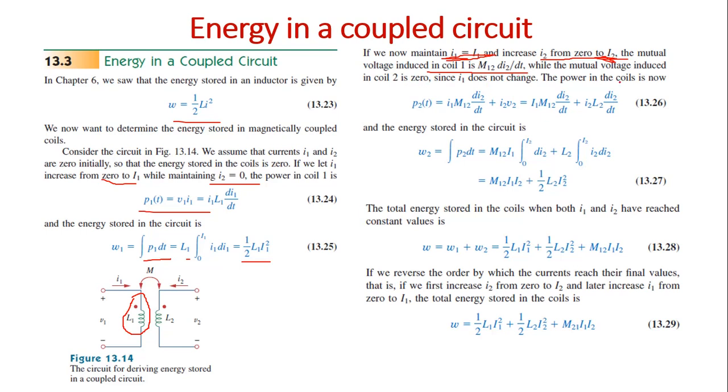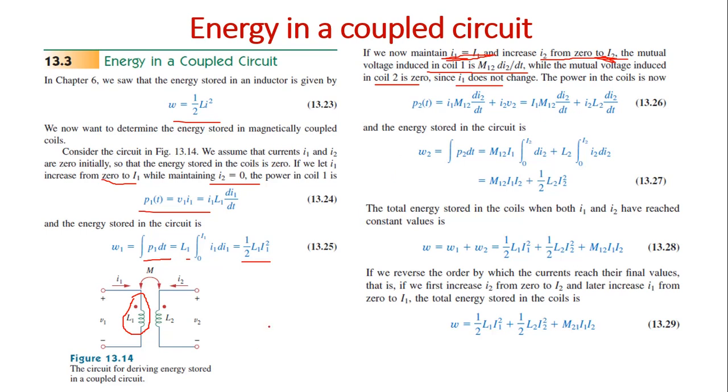While the mutual voltage induced in coil 2 is 0, since I1 does not change. So in the second step we only increased I2 from 0 to I2. We didn't change the value of I1. It was maintained at I1 itself.